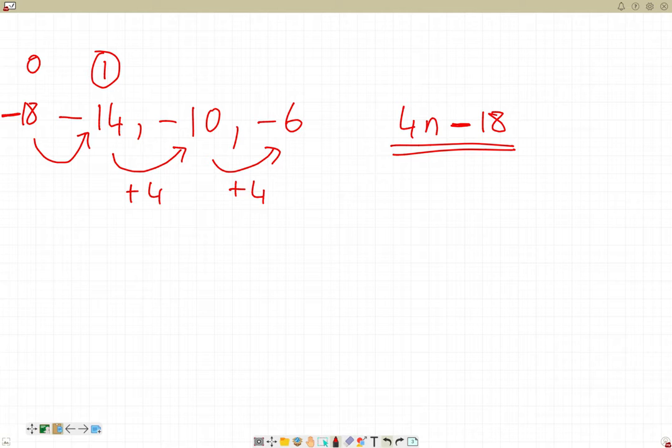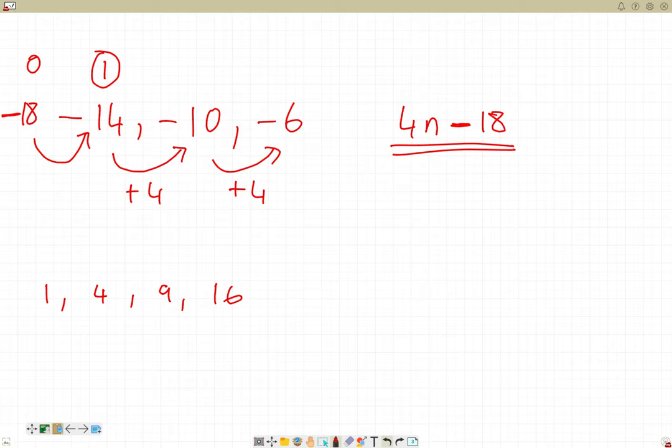Guys, sometimes you might come across some special sequences. For example, the square numbers 1, 4, 9, 16. For this, finding the difference doesn't work because this is a special sequence.